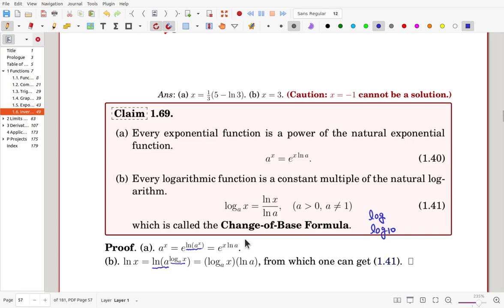However, using this formula, for general a, you can compute the natural logarithm of x and the natural logarithm of a, and by taking the ratio, you can conclude the value.